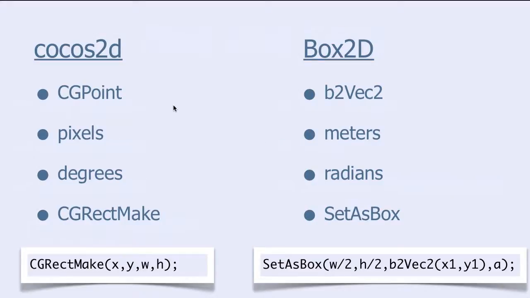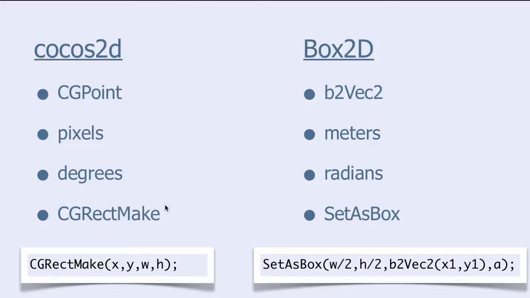Here are some differences. In Cocos2d you use CG points. In Box2d you use b2Vec2, which are similar but not exactly the same. In Cocos2d you use pixels, but in Box2d you use meters. In Cocos2d you use degrees, but in Box2d you use radians.